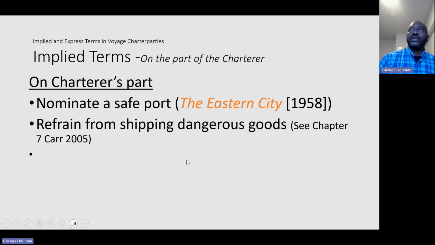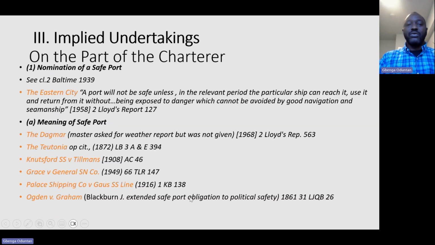On the charterer's part, it's not just the ship owner that has duties. The charterer has duties. There's a duty to nominate a safe port. So when you charter people's ship, taking oil from one continent to the other, whatever the distance may be, you have to ensure that the port where it is going is a safe port. If the port becomes unsafe during the journey, it's your duty to inform the ship that it should not proceed in that direction again. So nominating a safe port is an implied term on the charterer, and the meaning of a safe port is quite varied.